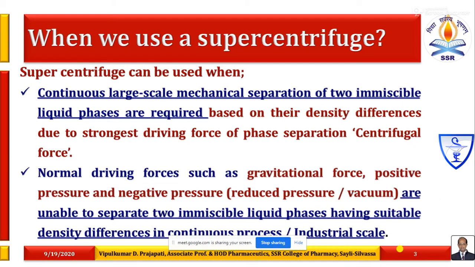Why? Because normal driving forces such as gravitational force, positive pressure, negative pressure, means reduced pressure or vacuum, are unable to separate at ordinary filtration condition. So for two immiscible liquid phases having suitable density difference in continuous operation or industrial scale, we use this super centrifuge.